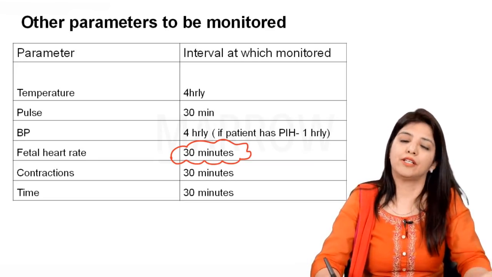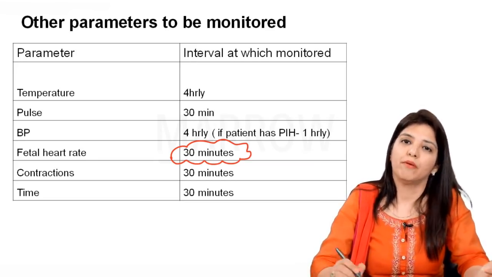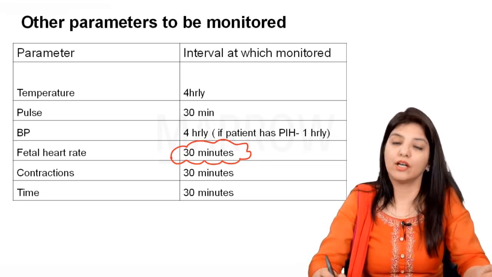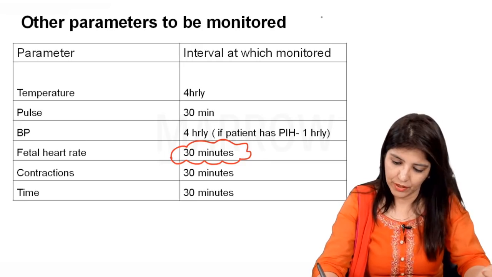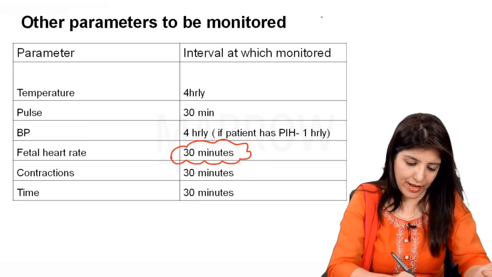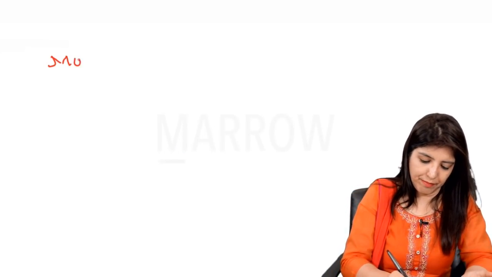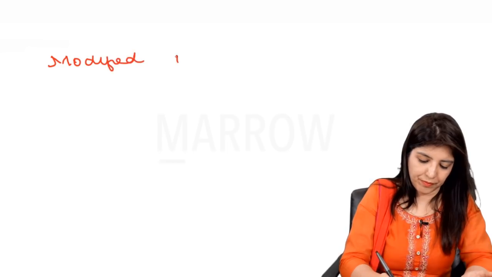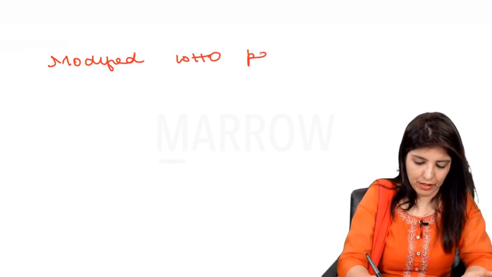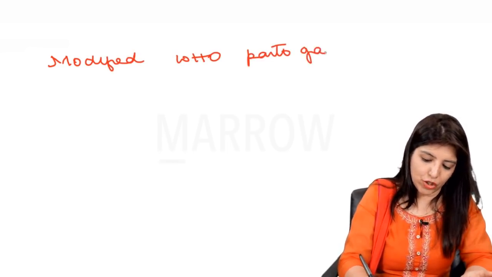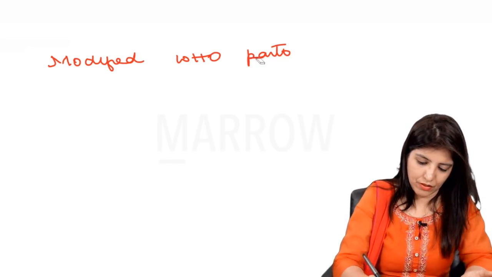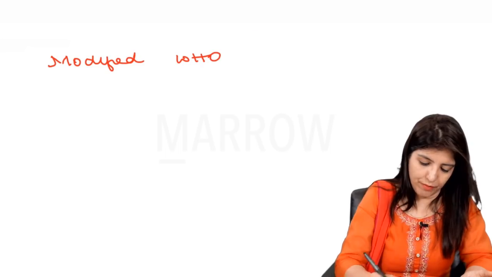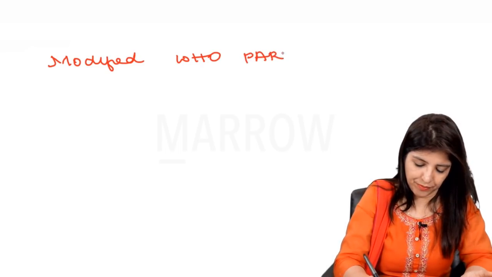This was WHO's composite partogram. Now there is a new partogram which is modified WHO partogram. So let's draw a modified WHO partogram. In modified WHO partogram, there are two differences from the composite partogram.